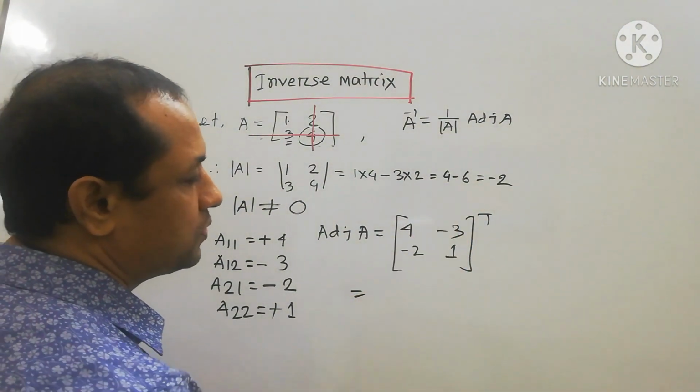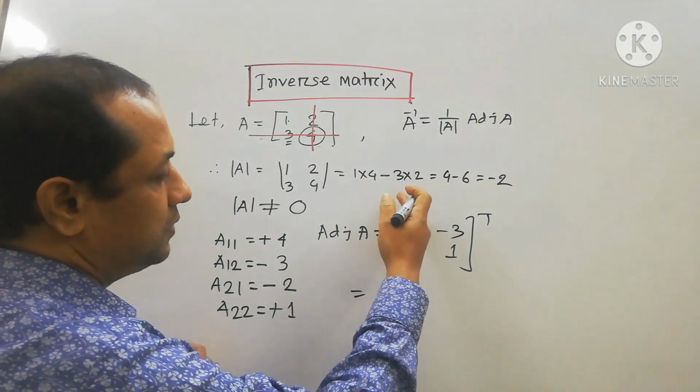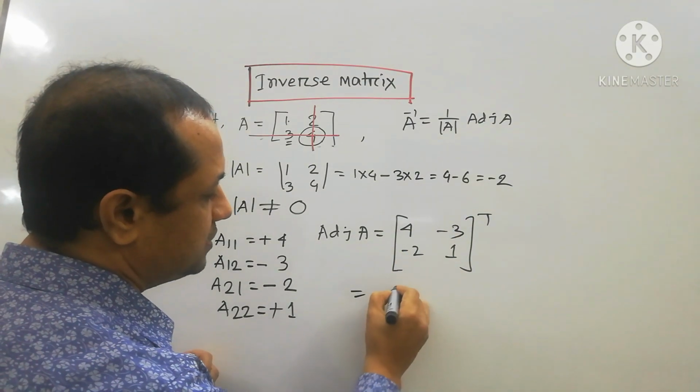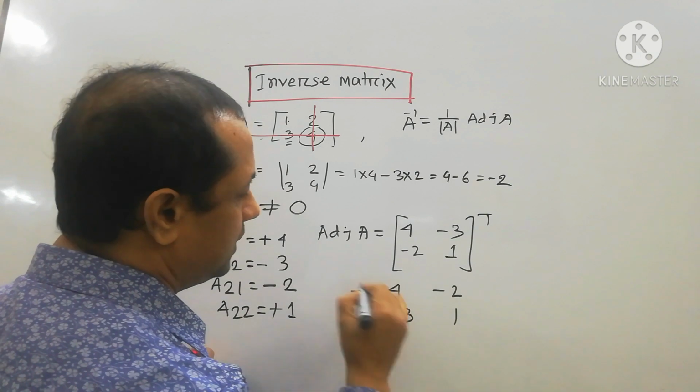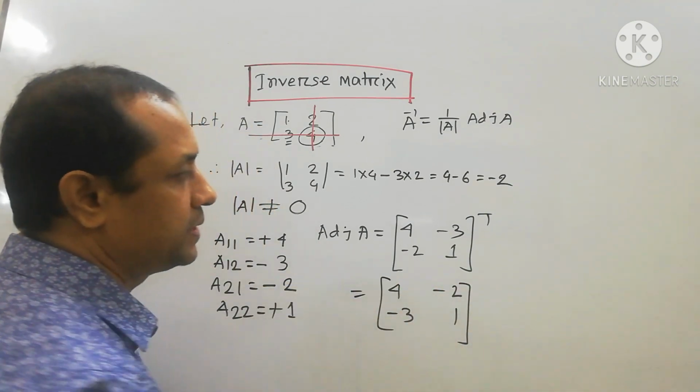Now interchanging row and column, the column will be the row. So 4, minus 2, minus 3, 1. This is the adjoint matrix.